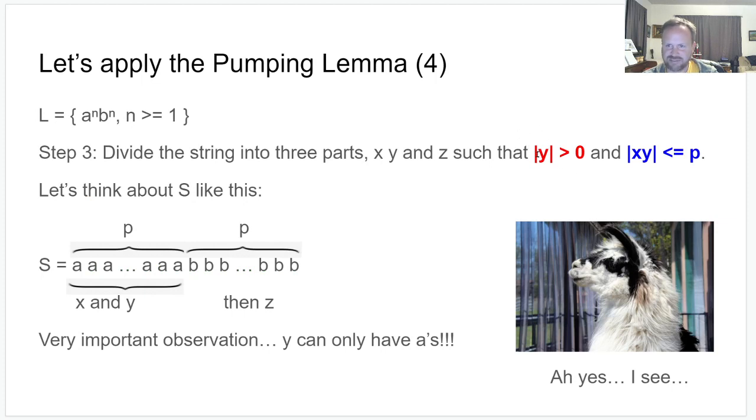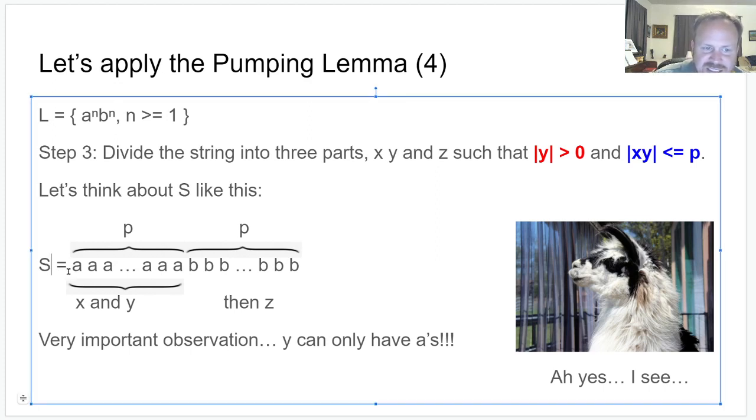So let's think about this. Y has to have something in it. The length of X and Y, the first 2 parts of the division, have to be less than or equal to P. So let's think about this string. We had the string S is A to the P, B to the P. Let's visualize it as this: S is equal to A's and B's. How many of them? There's P A's in the front, P B's in the back.